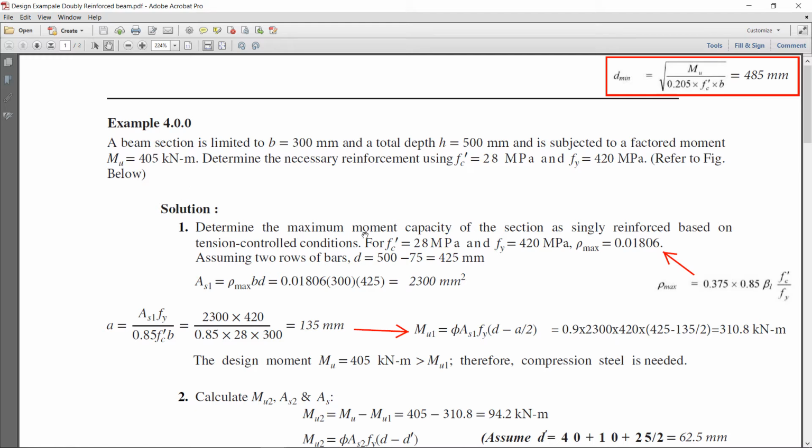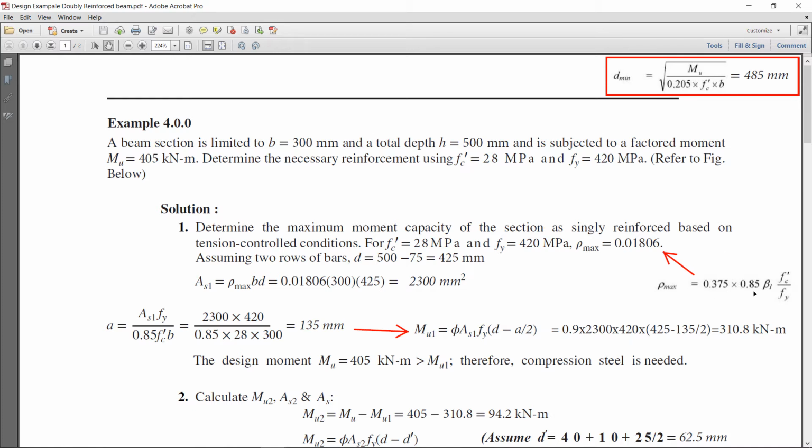Determine the maximum moment capacity of the section as a singly reinforced beam. For the design, first of all, we have to determine the maximum moment capacity of the section as a singly reinforced beam under tension controlled conditions. For fc prime 28 megapascal and fy 420 megapascal, we got the rho max value 0.01806, that is the rho maximum value depending upon tension controlled conditions.